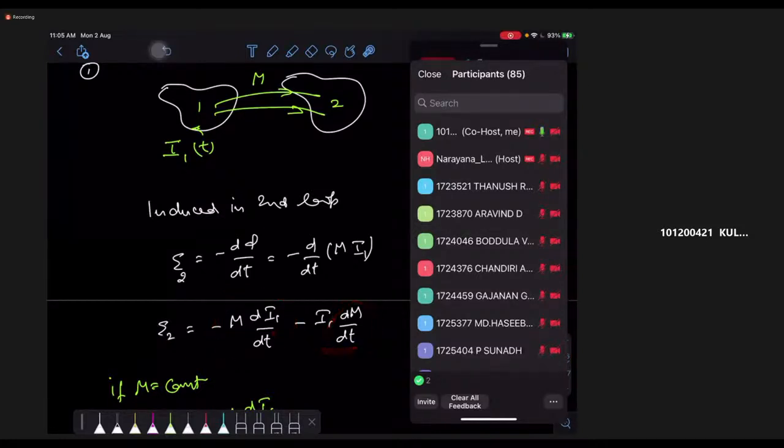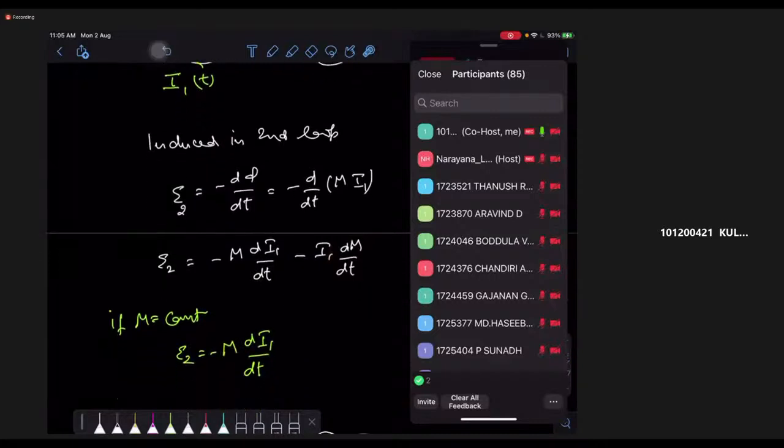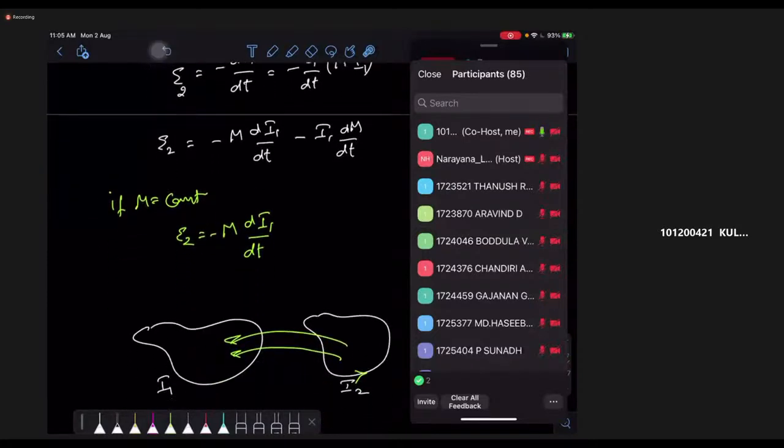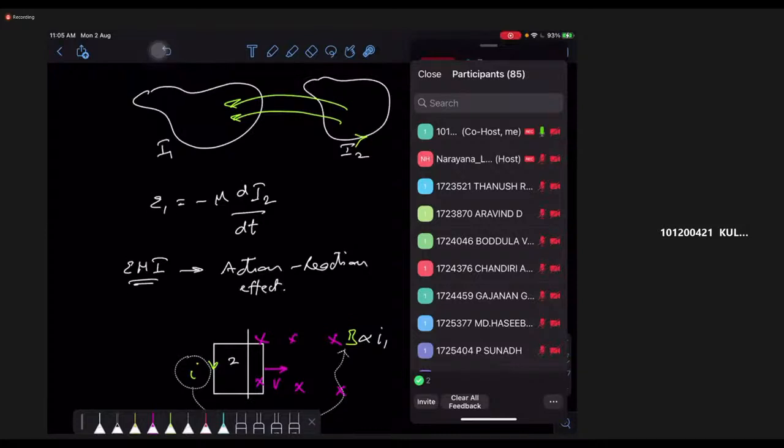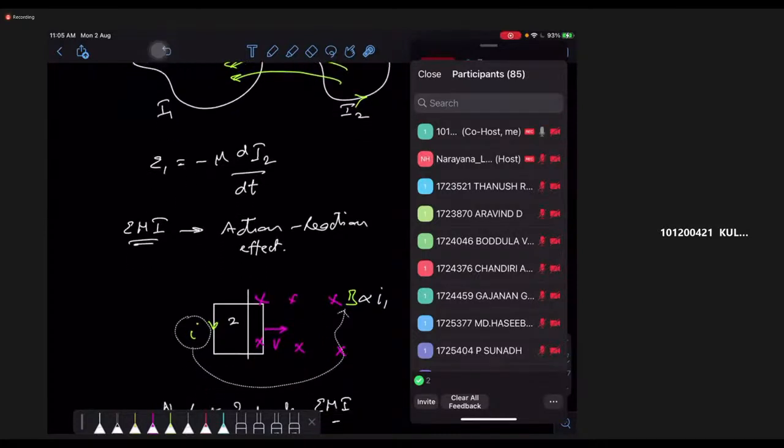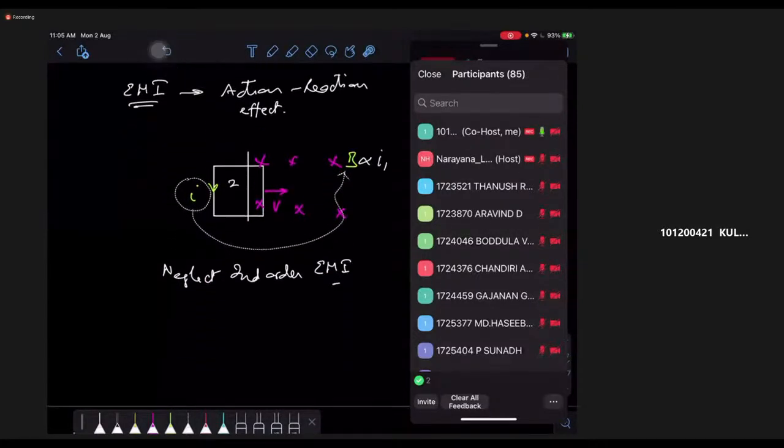M change can also generate the EMF, but mostly M is considered constant. So only the first term is taken, as the dominant role is played by the current change. So it's going to have action and reaction effects.